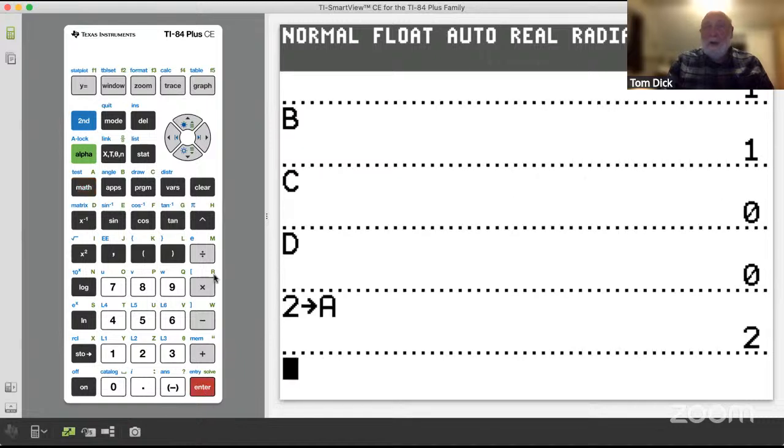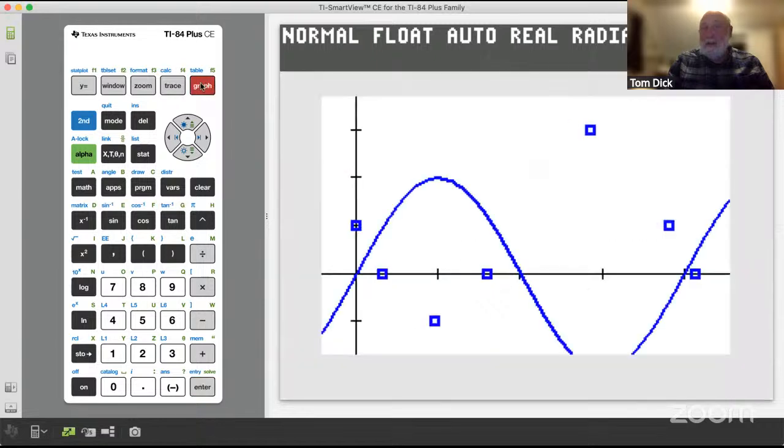All right, and now let's go ahead and graph again. We can see that we have increased the amplitude of that curve to double what it was before. Similarly, I could store a new value for B or C or D, and then regraph and sequentially try to seek out what I need to do next to make it fit these points.